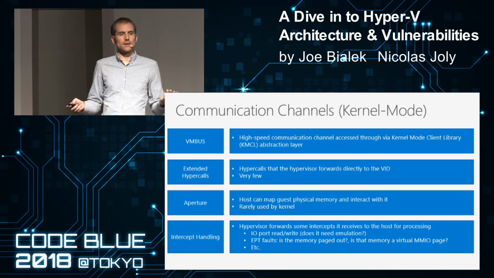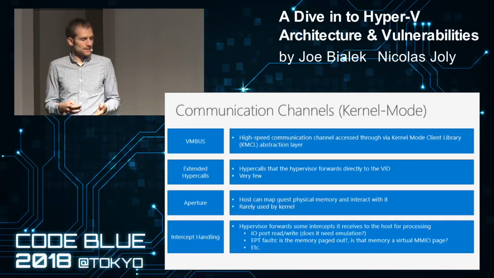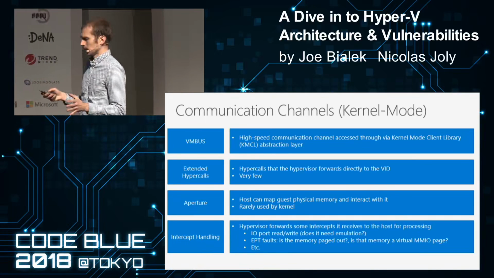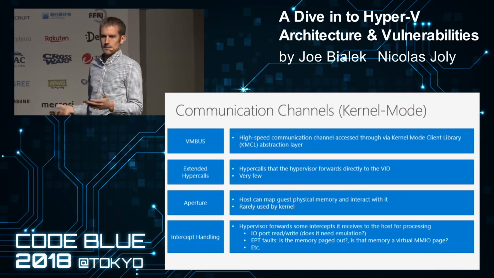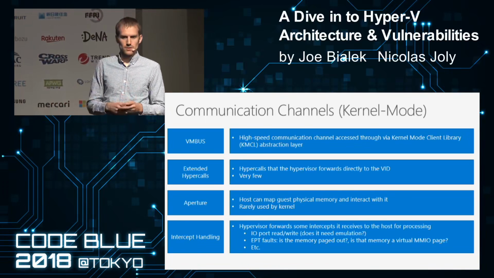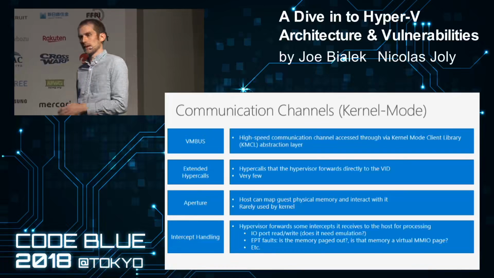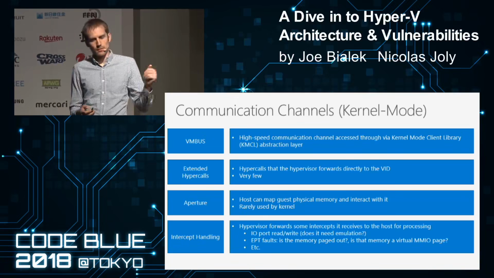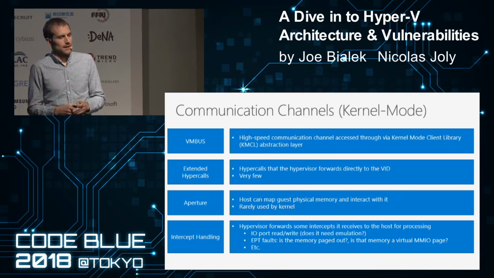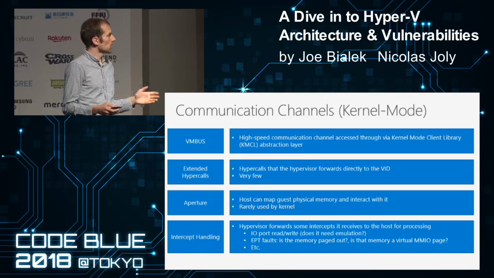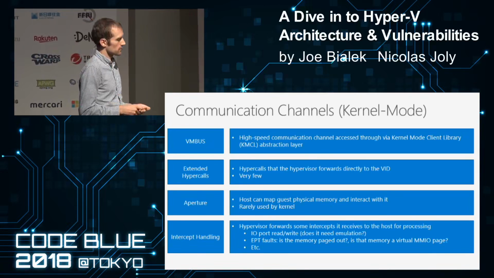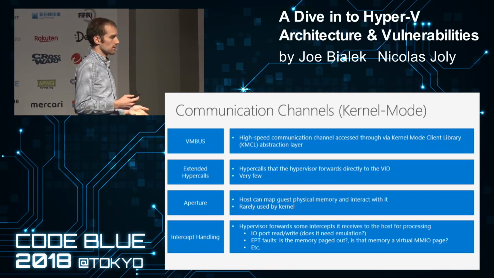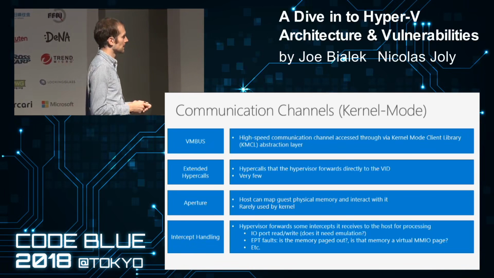And then once again, we have intercept handling here. And when I say intercept, by the way, that is really just a trap. In Hyper-V, we just call that an intercept. So whenever the hypervisor ends up receiving a trap or some other thing from the guest, that's an intercept. And kernel mode components, specifically the vid in Hyper-V, can end up being triggered due to this intercept handling.